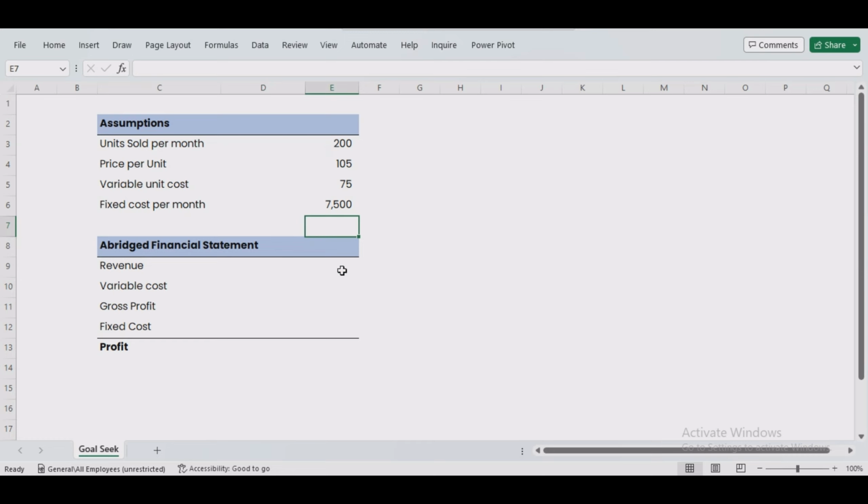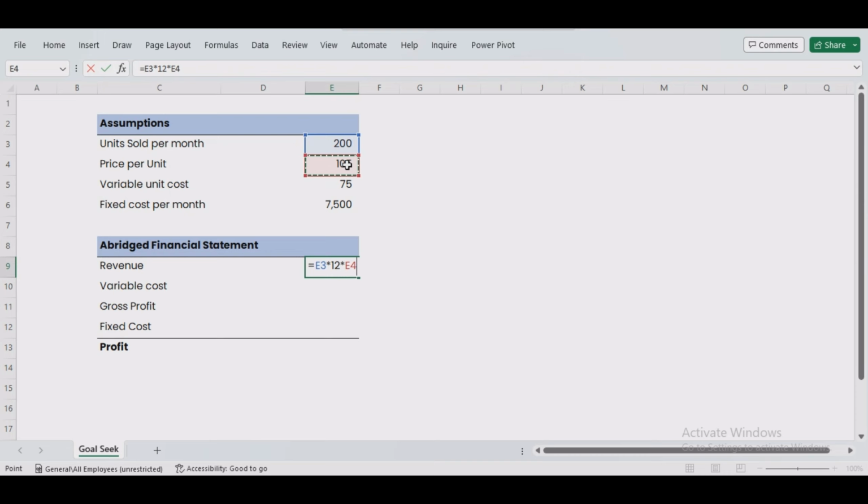Now based on this information, how much revenue would I make per year? The revenue will be the number of units, which is 200 per month, multiplied by 12 months, then multiplied by the price of every chicken, which is this one.